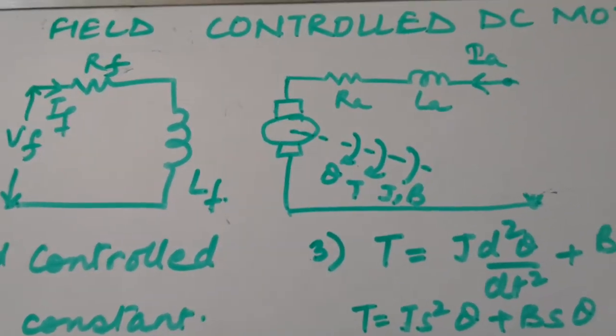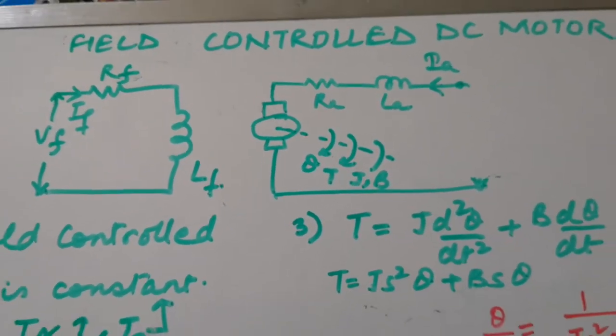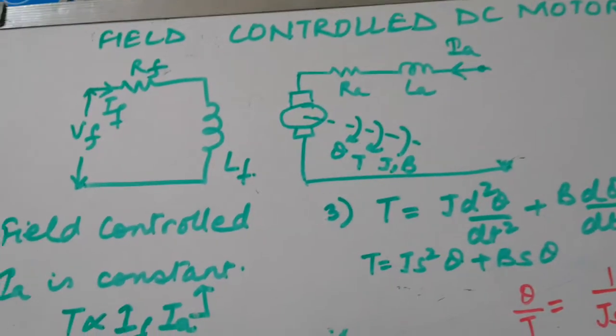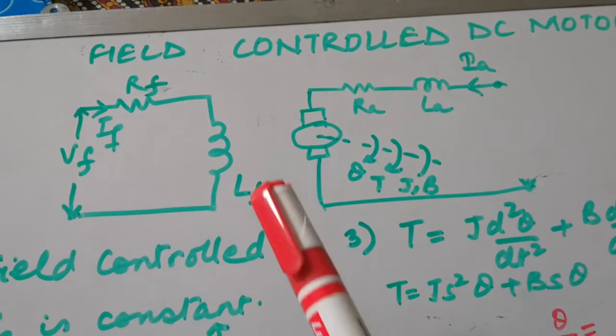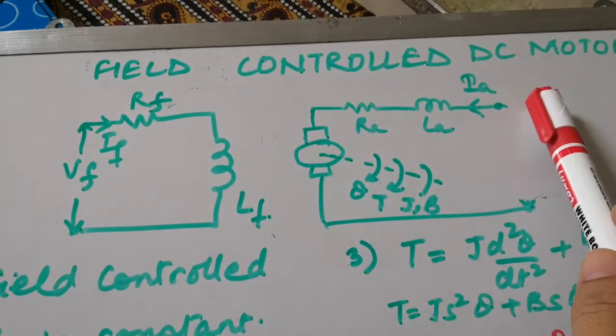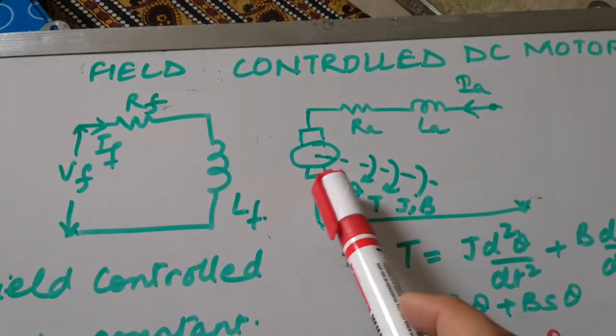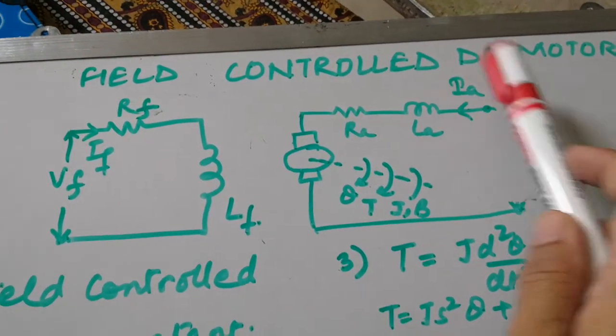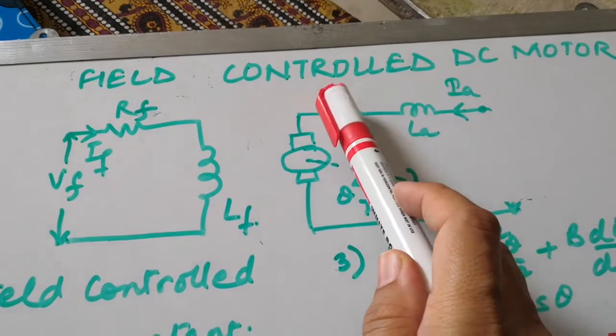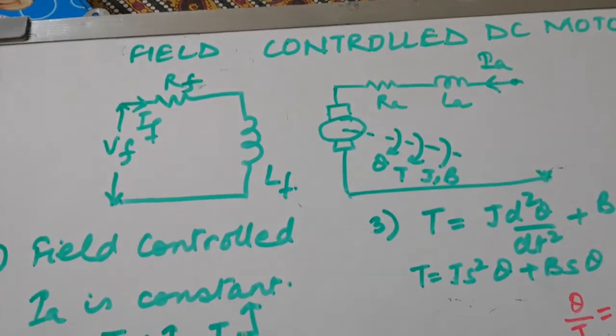So now we start with the field controlled DC motor mathematical modeling. In our previous classes we have studied about a DC motor, how it works. It has a field winding and an armature winding. It is of 2 types basically, armature controlled and field controlled. What is the difference between the two?